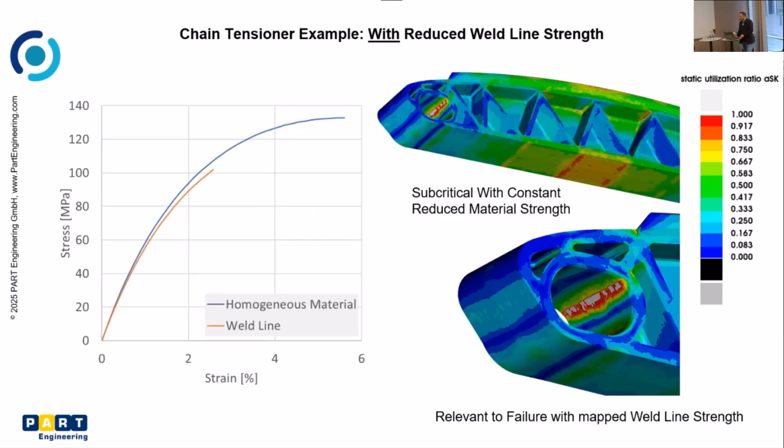So what we had to do in addition is apply what I have shown earlier, this strength reduction to the area where we have this bad weld line, to reduce the allowed strength in that area. Then the result would look different, this area would be the more critical one, and we would have predicted the part to fail in the weld line.